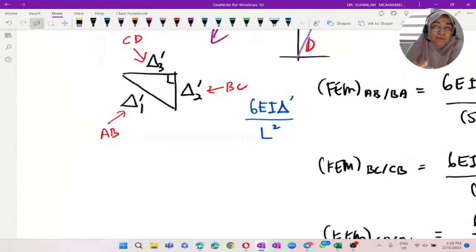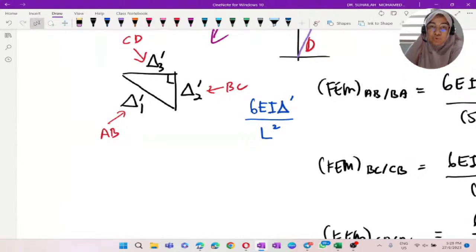We have to write the relationship between delta 1 and delta 2, and between delta 1 and delta 3. This is just simple mathematical calculation using trigonometry.